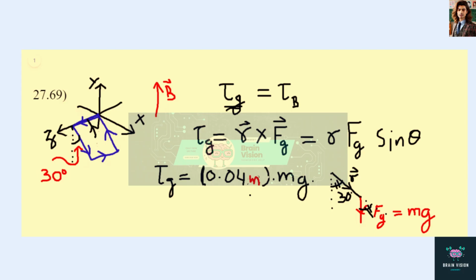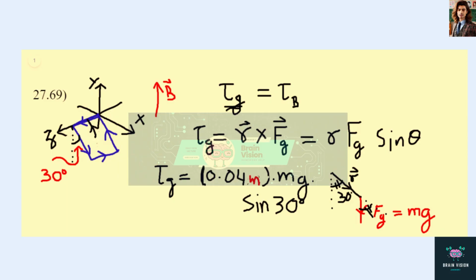And we just established that theta is 30 degrees, the angle between the two vectors, so times sine of 30 degrees. So we're done with at least one part of the question, what we wanted to find on one side of the equation that we're trying to solve.